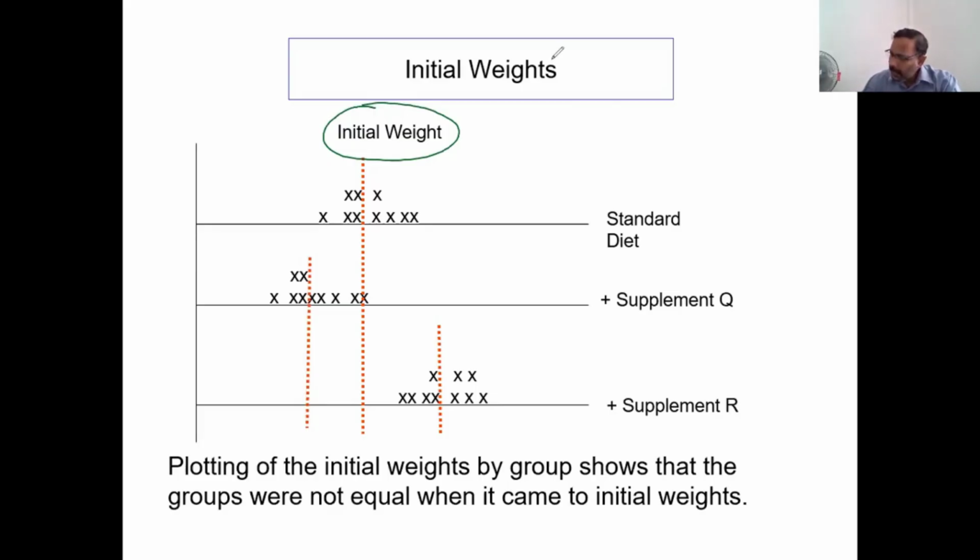So this is the average initial weight for the standard diet. For the supplement Q diet, this is the average. For supplement R, this is the average.